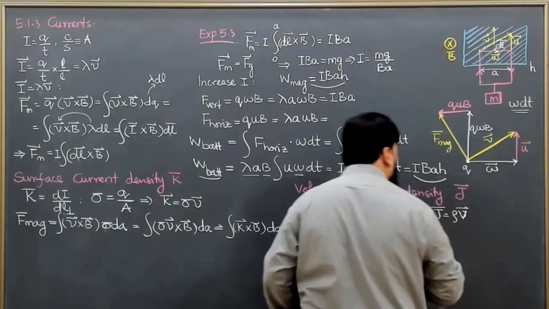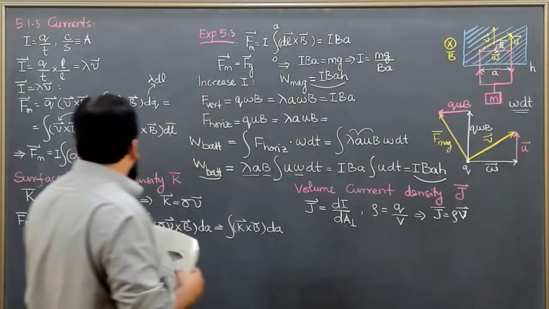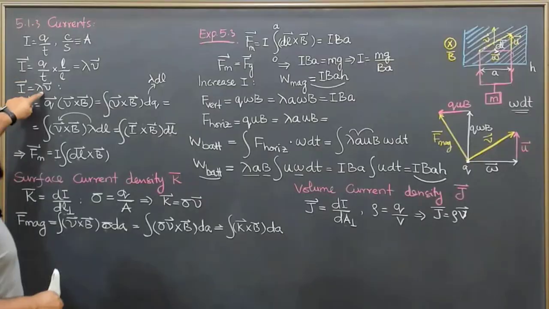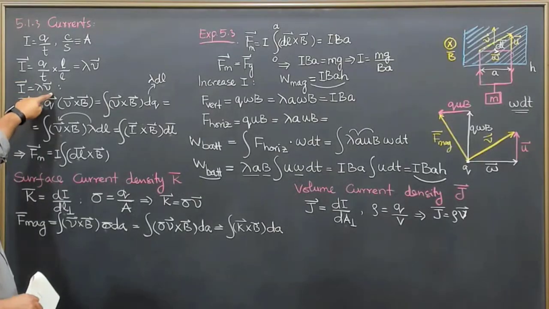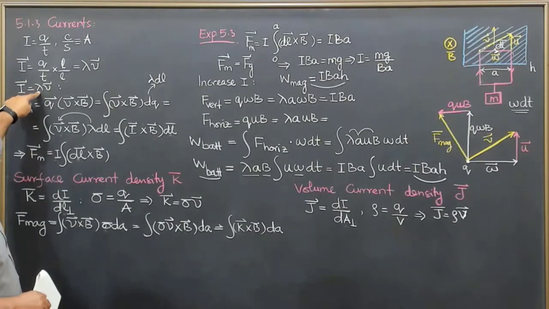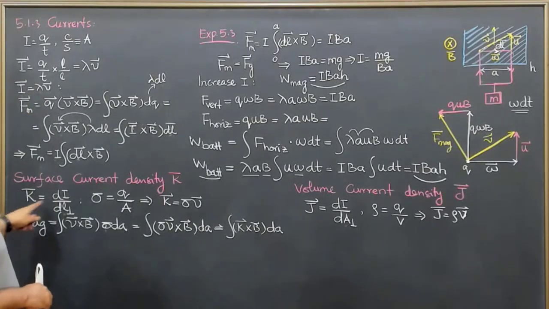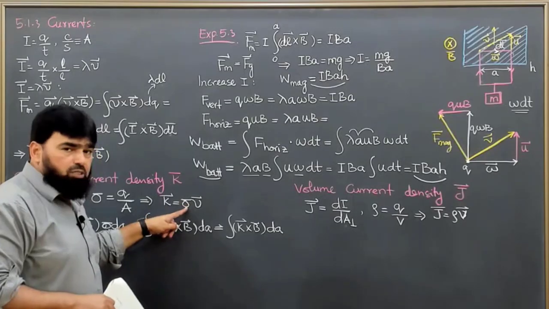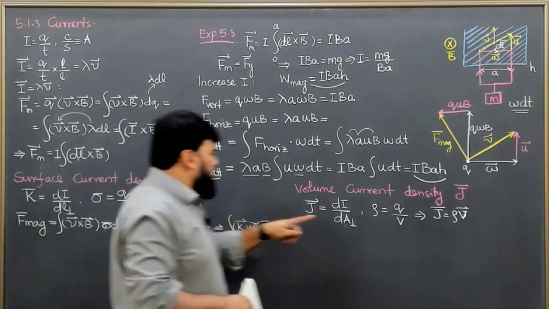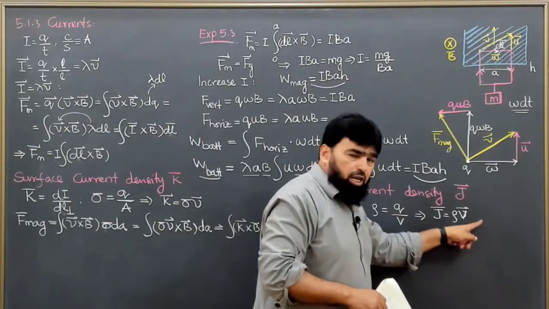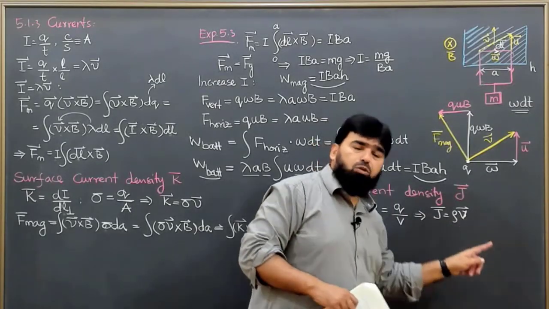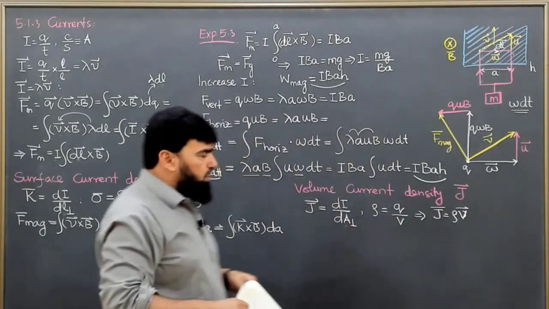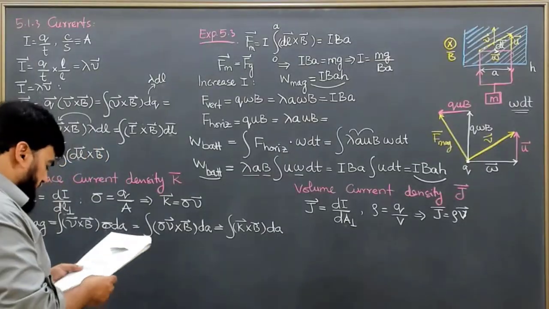Rho times v is J, lambda times v is I, lambda being the line charge. K is sigma times v, sigma being the surface charge. J is rho times v, rho being the volume charge. So they are all following the same analogy.